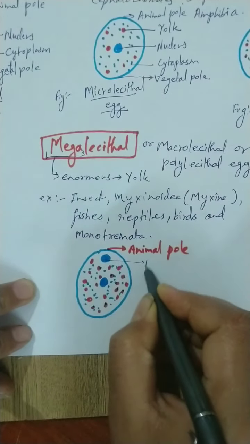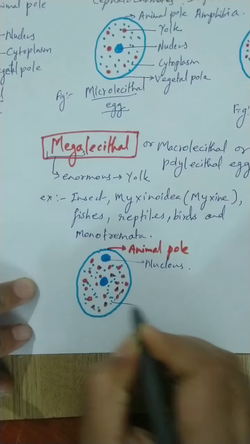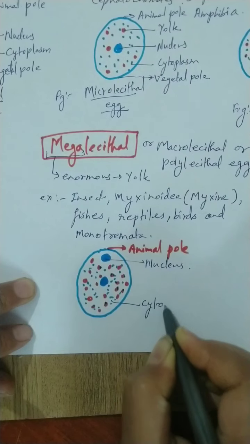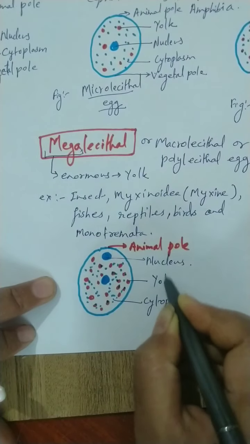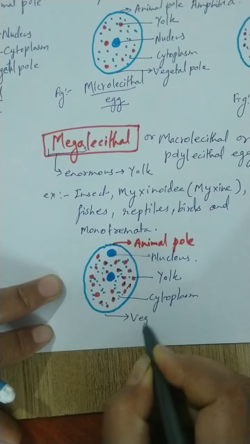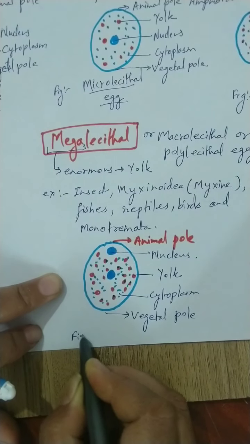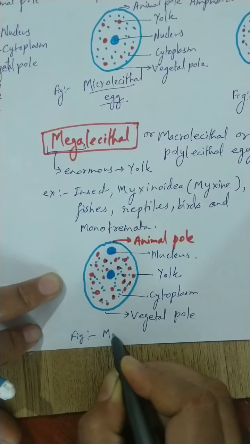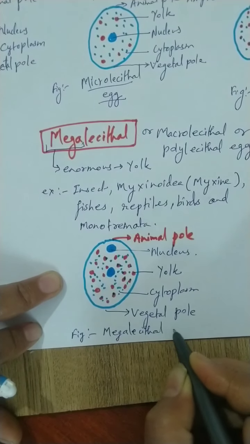This is the nucleus. This is the cytoplasm. This is the yolk. This is the vegetal pole. This is the diagram of the megalecithal type of egg.